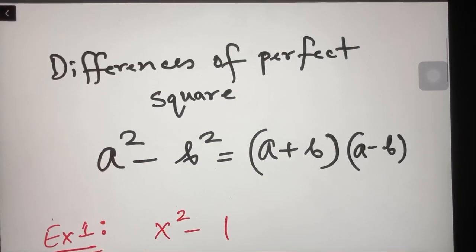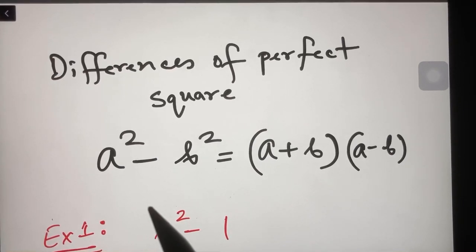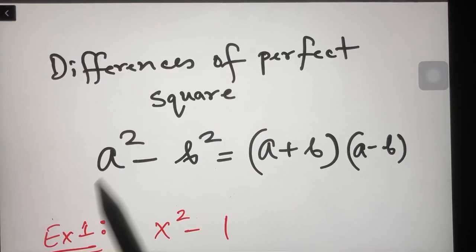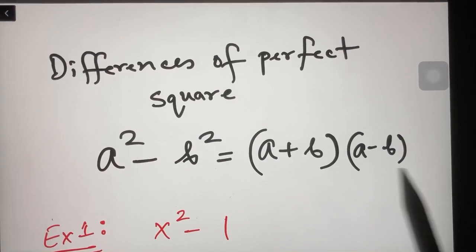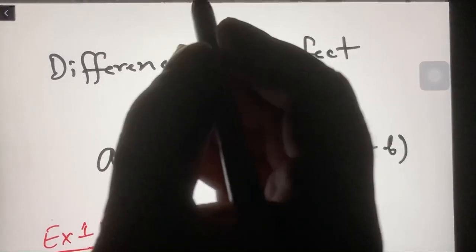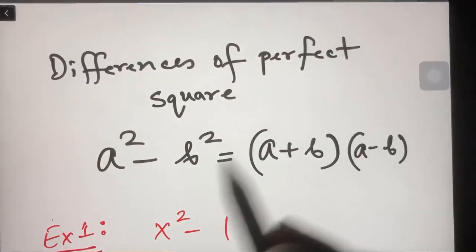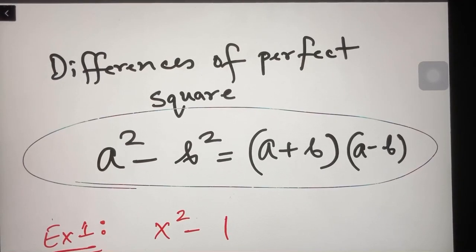The difference of perfect squares formula says a square minus b square is equal to a plus b times a minus b. This is what we are going to use today to solve all the problems. This is called the difference of perfect squares formula.